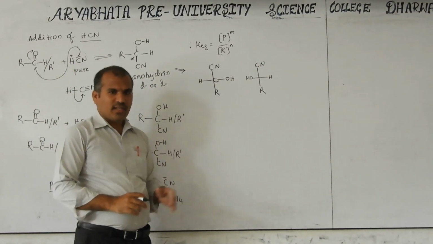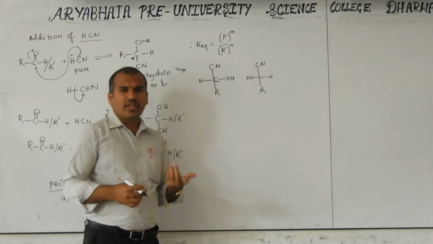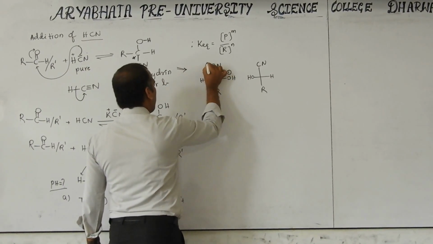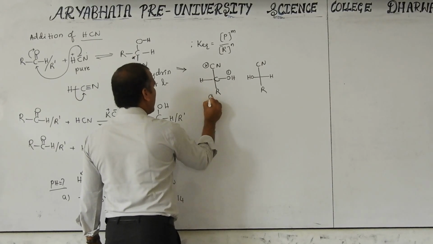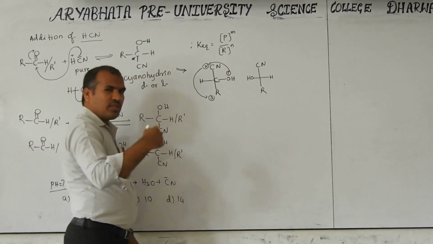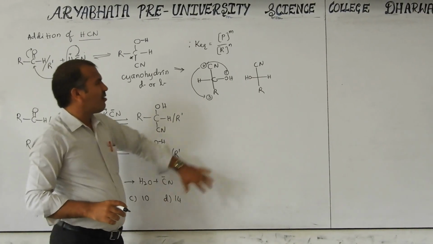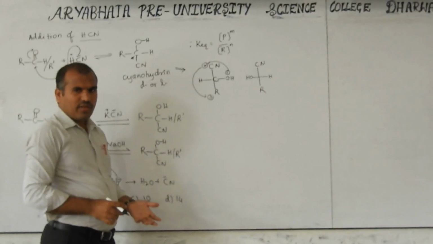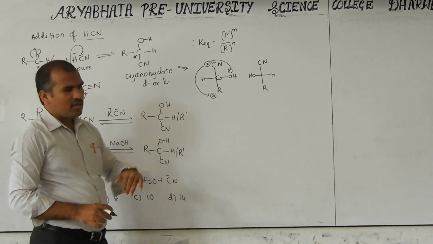According to RS nomenclature, the RS configuration is different. This is the first priority group, this is the second priority group, this is the third priority group. 1 to 2, 2 to 3. Is it clockwise or anti-clockwise? This is anti-clockwise. Anti-clockwise means S configuration, clockwise means R configuration.